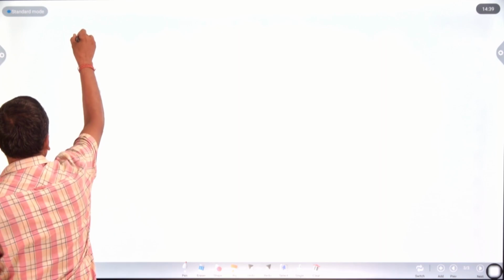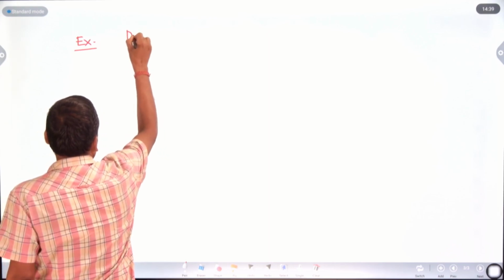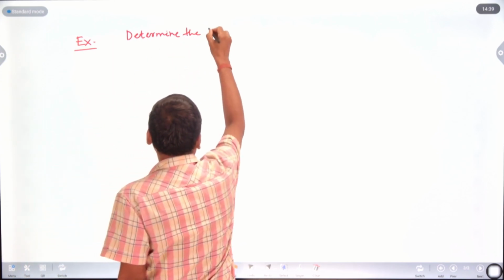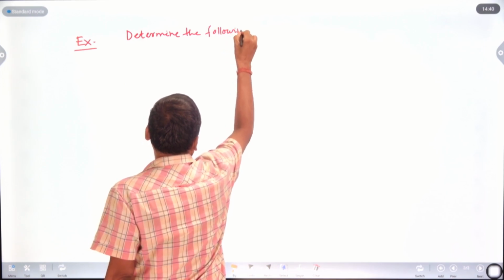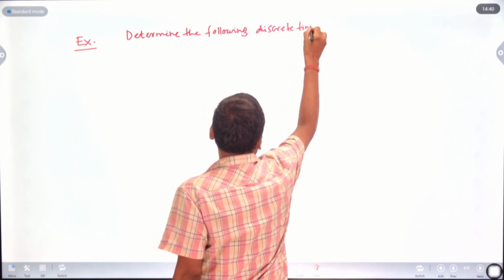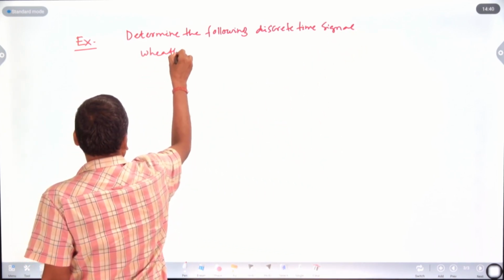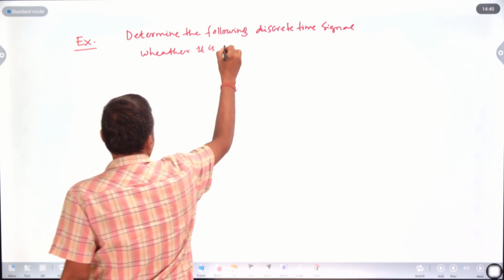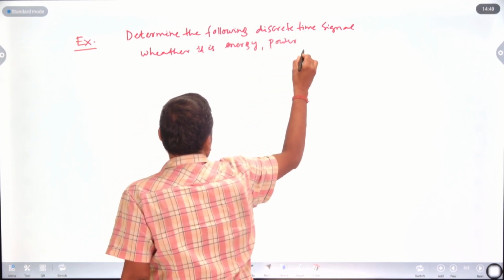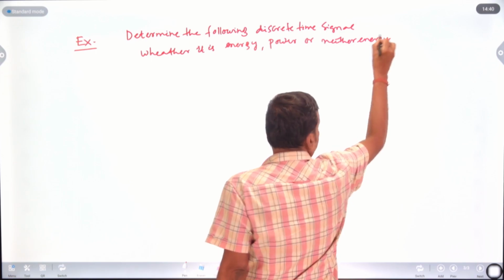For example, determine the following discrete time signal, whether it is energy, power, or neither energy nor power signal.